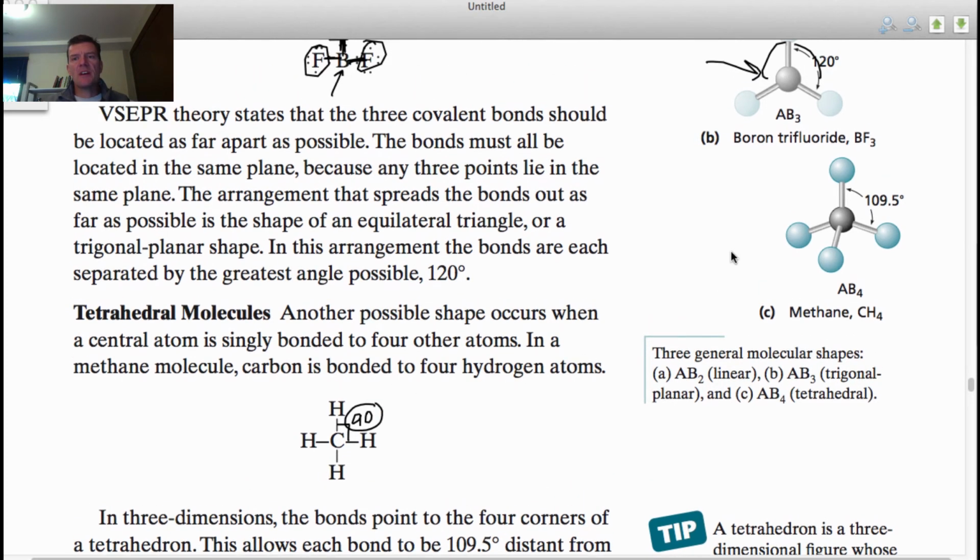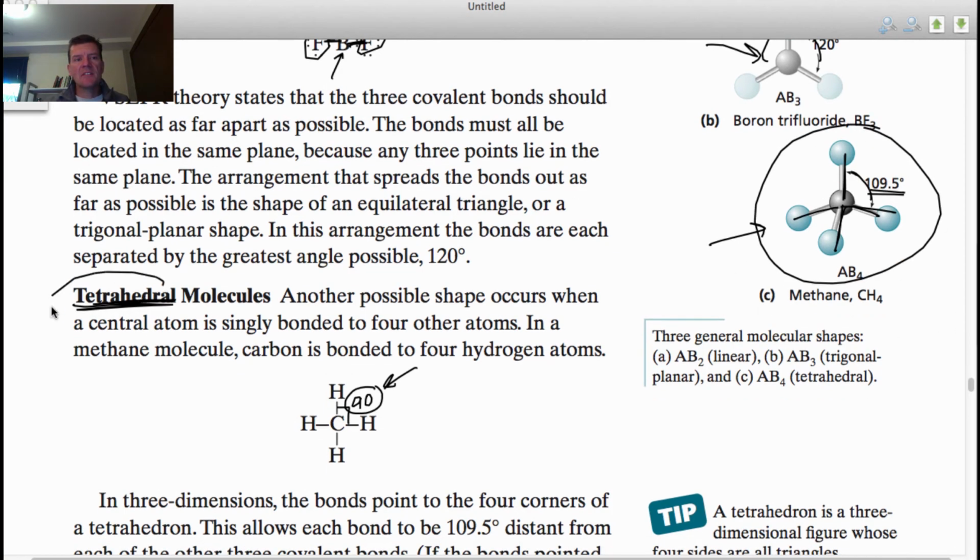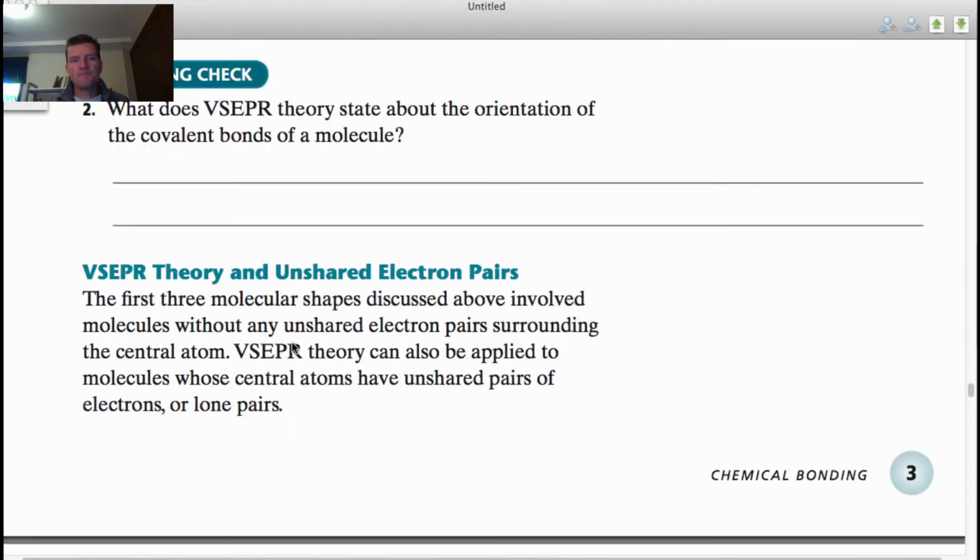It actually is better for them to go 3-dimensional. One can go up, 3 can kind of point down, and this is called tetrahedral. Tetrahedral because now the angle between those is 109.5 instead of 90. They want to spread out as much as possible. So when you get 4 bonds, they start to go 3-dimensional, and that is called tetrahedral.